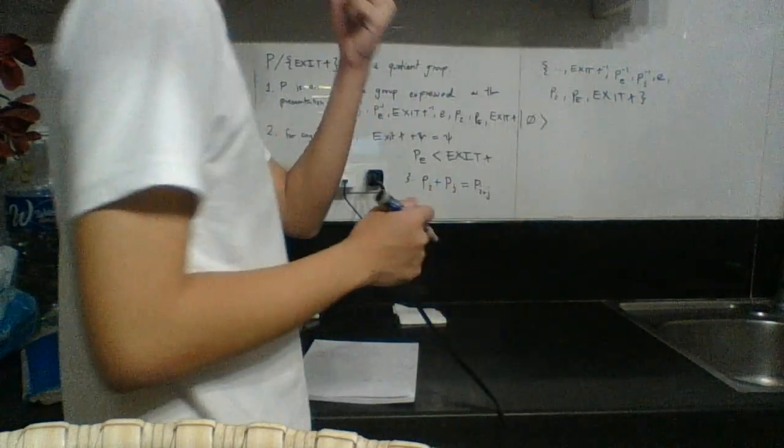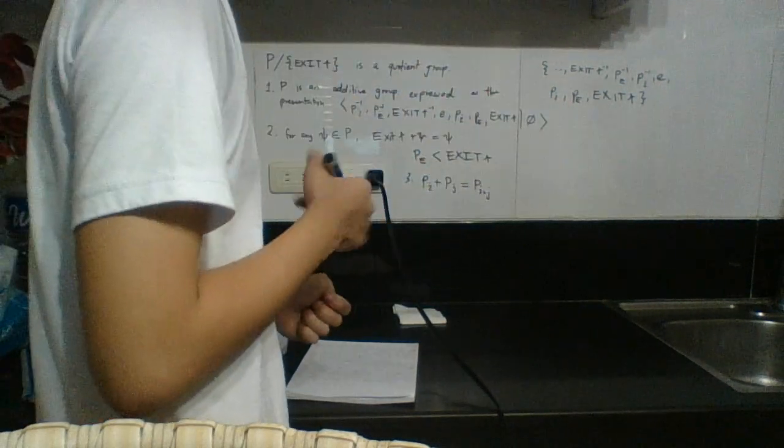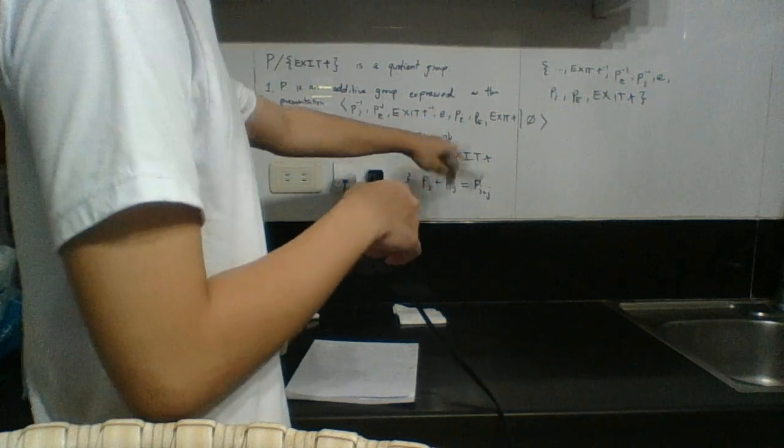I did this in modding out femboys, and we're going to reuse it here. So for some P sub I and P sub j inside P, P sub I plus P sub j is equal to P sub I plus j. Likewise, if one of these is negative, it's just P sub I minus j, or P sub j minus I. And there, that's our notion of addition here.